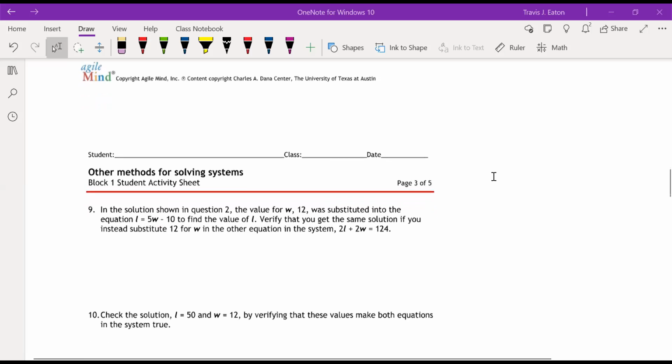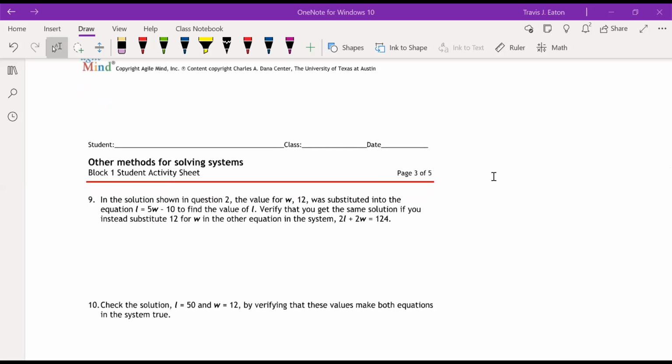And so we know at this point how much everything is, right? And so this is what they did. 2L plus 2W equals 124.